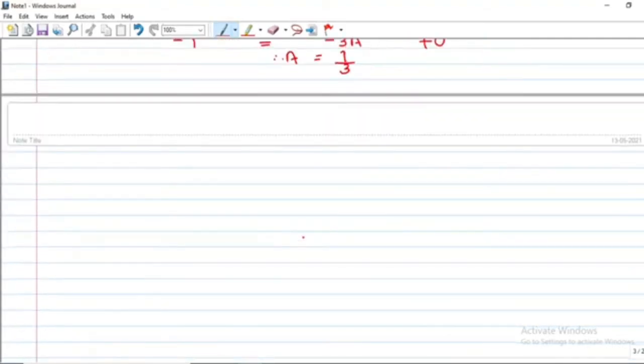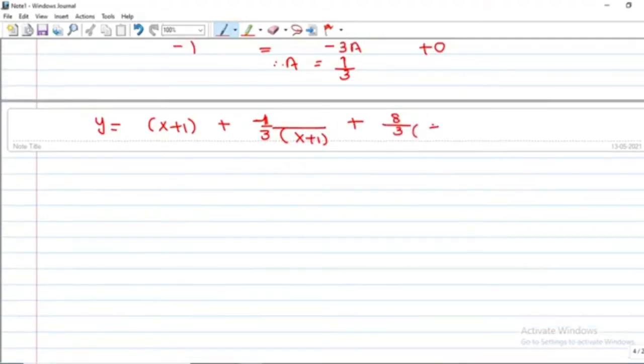Now let's substitute it in the equation which we had of y. Our target was to simplify this one, (3x + 2) upon, which we will write as 1 by 3 into 1 upon (x + 1), plus 8 by 3 into 1 upon (x - 2).